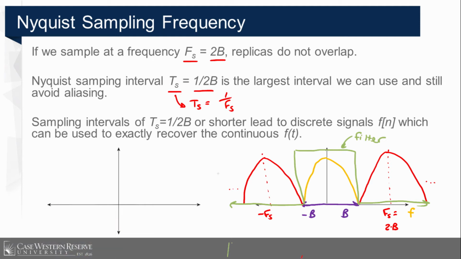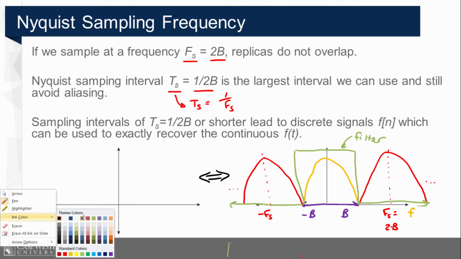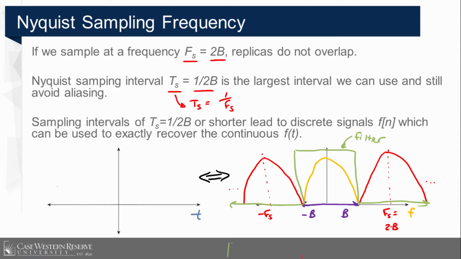All right, so we know again that the replicas in the frequency domain are going to be controlled by the sampling interval that we use in the time domain. So this is our time domain. Here's the envelope of our continuous time signal.